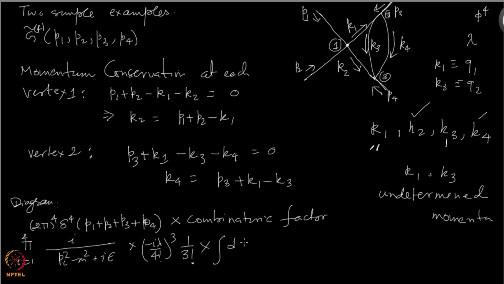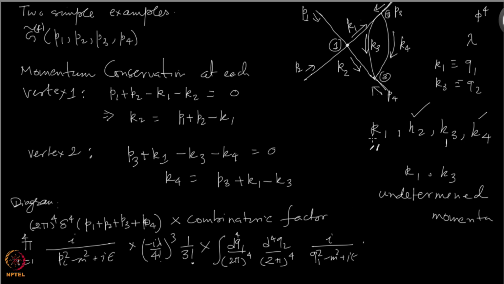So, d4q1 over (2 pi)^4, d4q2 over (2 pi)^4. And then we have the propagators. So, i over q1 square minus m square plus i epsilon.